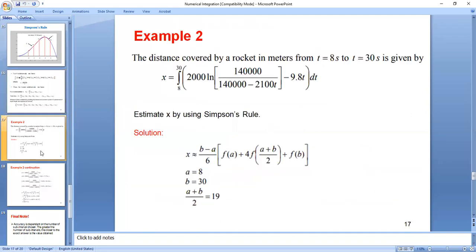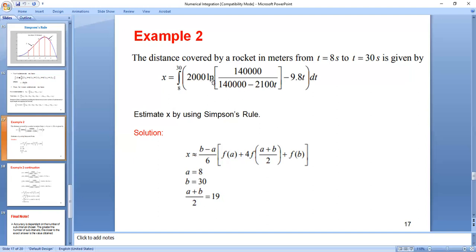So this is an example for determining the value of this integral. Now, this one is a non-elementary definite integral, so it cannot be evaluated using the techniques covered in midterm. So you have the integral of 2,000 ln of 140,000 divided by 140,000 minus 2,110 t.